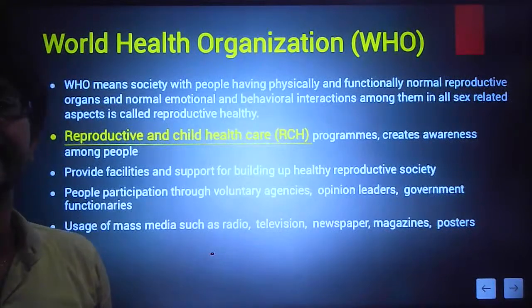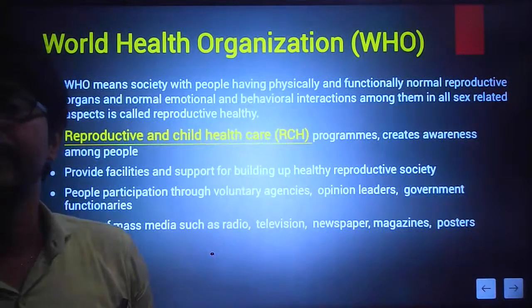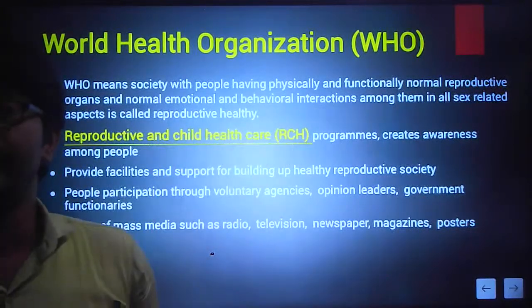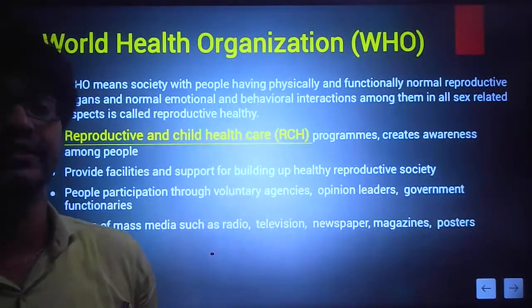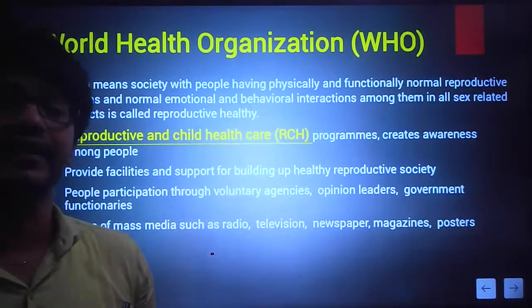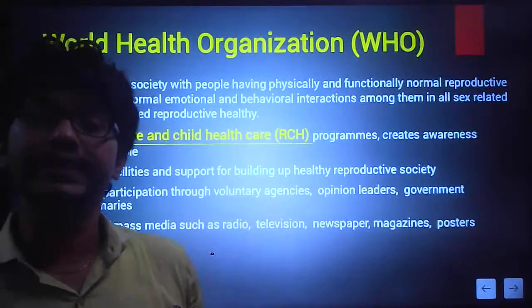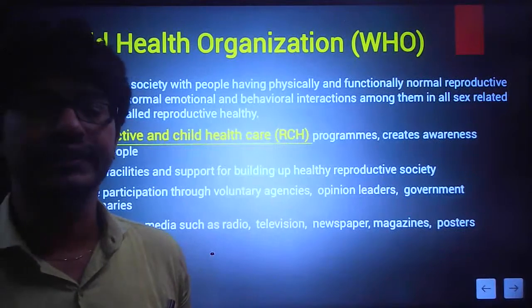For example, take sex education. In class 12th you're studying this particular chapter because of this program, the reproductive and child health program. Even NCERT has given this particular unit because sex education is important for students. At this level itself you must learn what reproduction is all about, what reproductive health is, and the pros and cons that you should study.